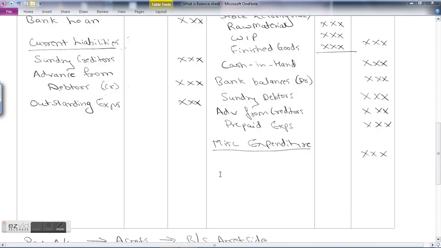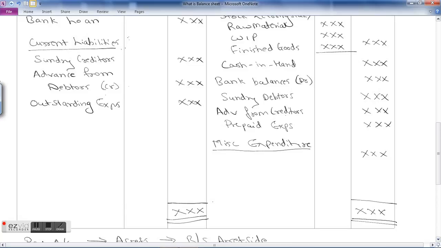So once all the items are included in your balance sheet, you need to find out the total of assets and the total of liabilities. Now, as explained earlier, your total assets should be equal to the total liabilities.